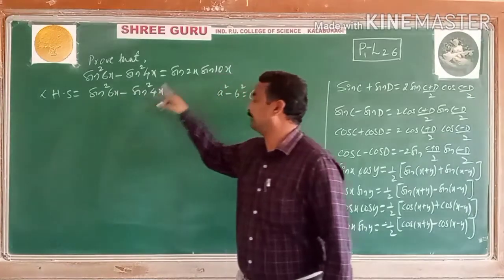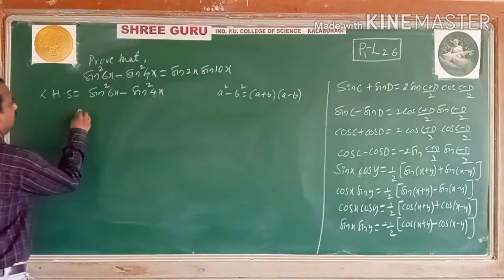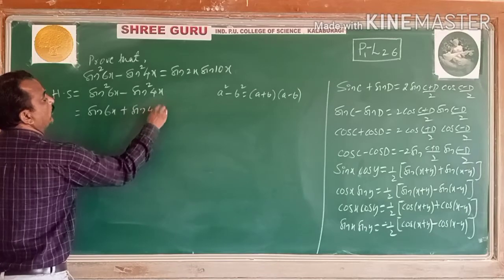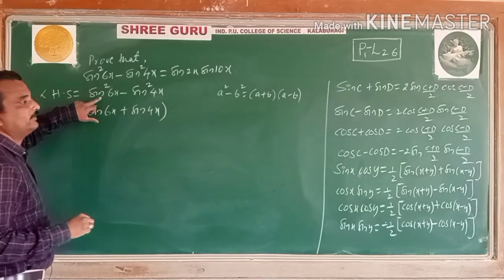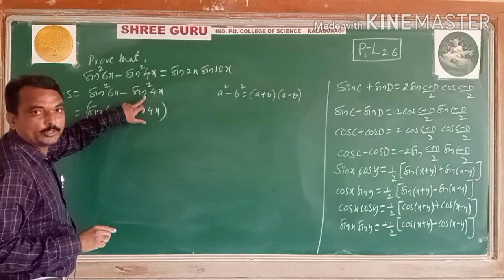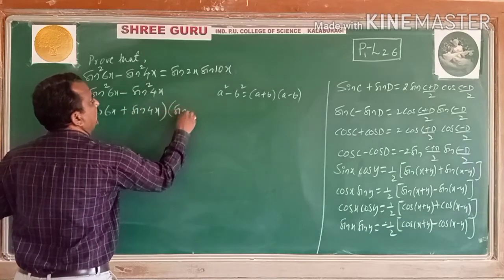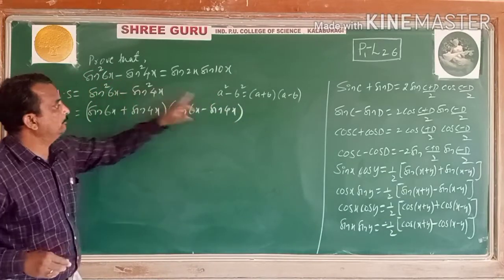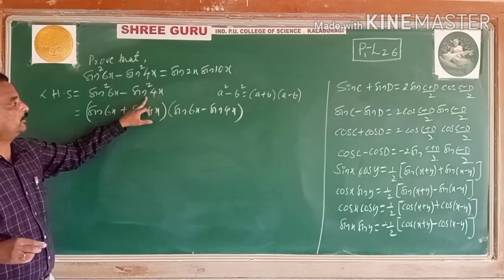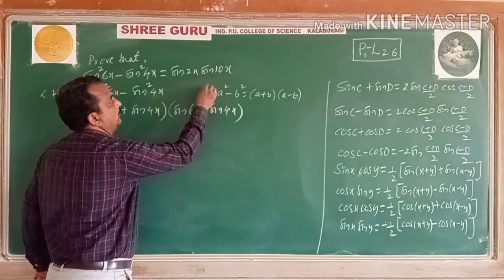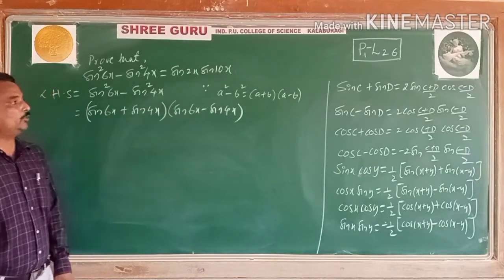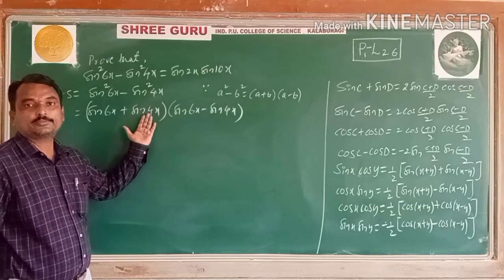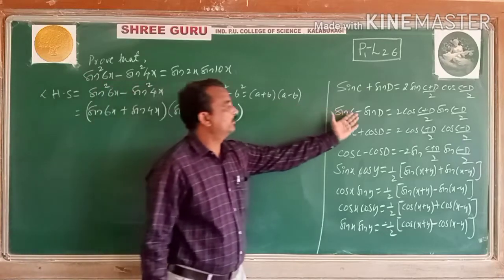Your LHS is sin 6x plus sin 4x, a plus b, where a is sin 6x and b is sin 4x, into sin 6x minus sin 4x. It is the algebraic formula a square minus b square equal to a plus b into a minus b. Then we get sin 6x plus sin 4x into sin 6x minus sin 4x.